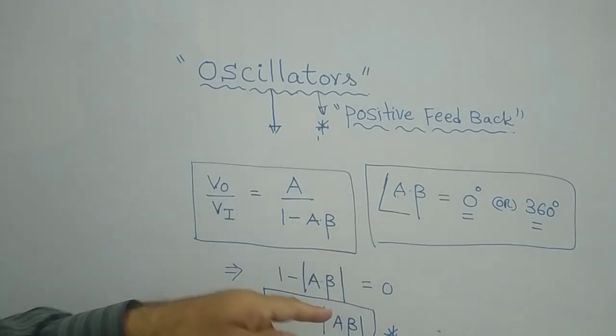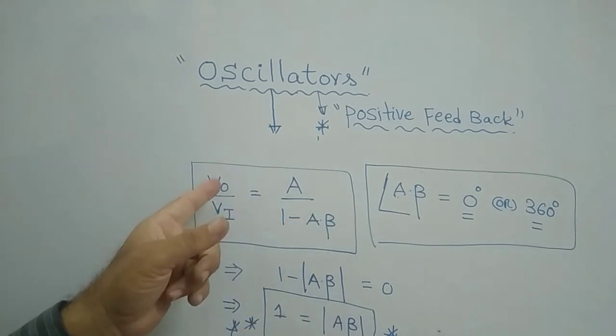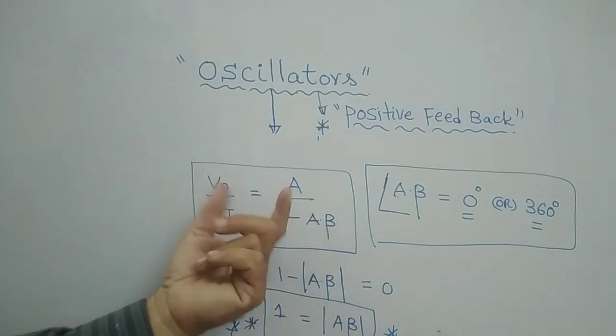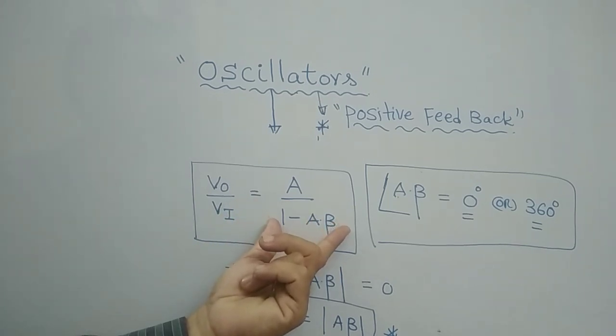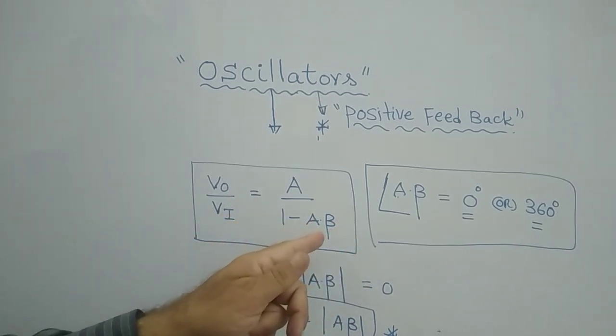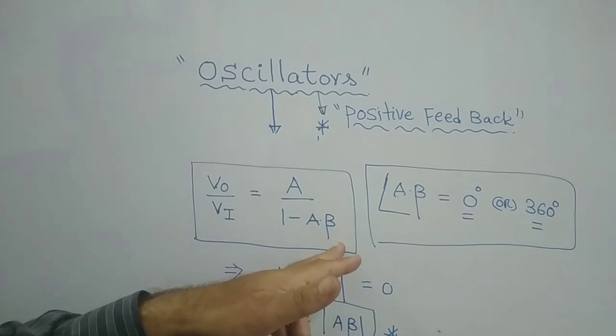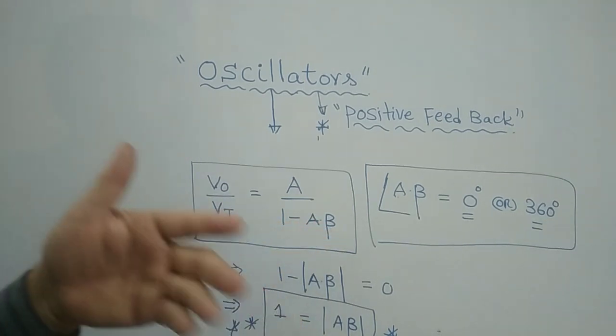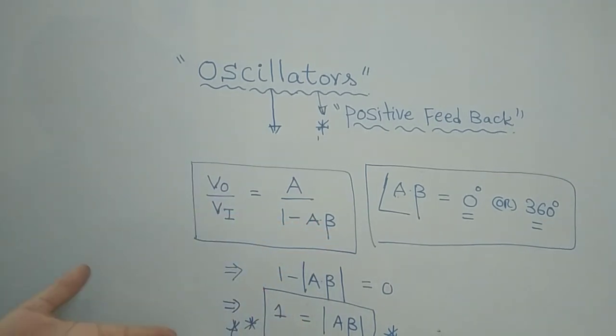How can you explain? From this definition, V naught by Vi is equal to A by 1 minus A beta. From this, if you equate this denominator part to 0, then 1 is equal to A into beta, but sometimes beta may have complex values also. Normally, it will consist of resistance elements or capacitive elements or inductance also.